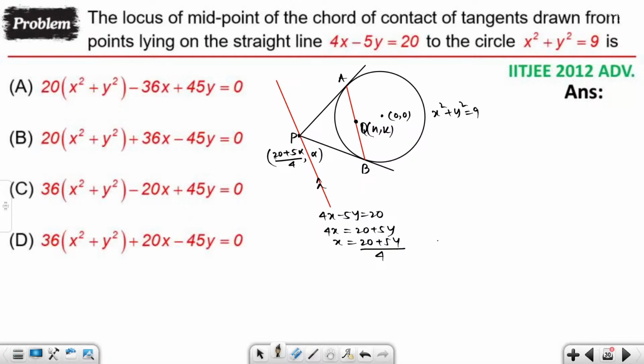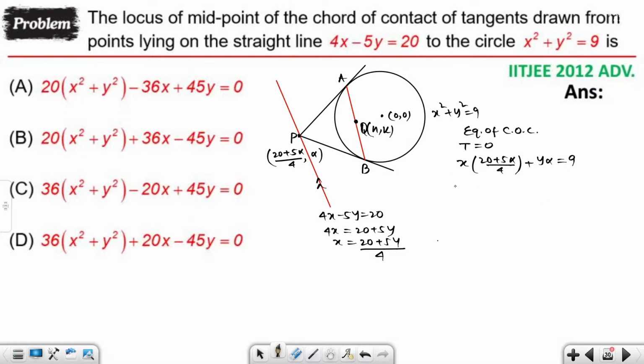Right? Now, with respect to this point P, what will be the equation of the chord of contact? Can you remember? The equation of the chord of contact is T equals 0. So it will be x x1 plus y y1 equals 9.